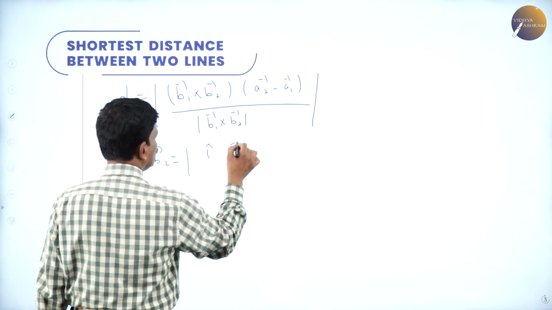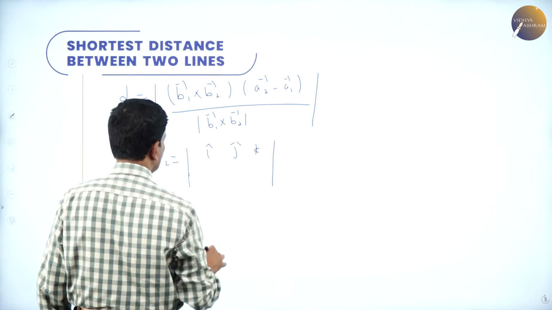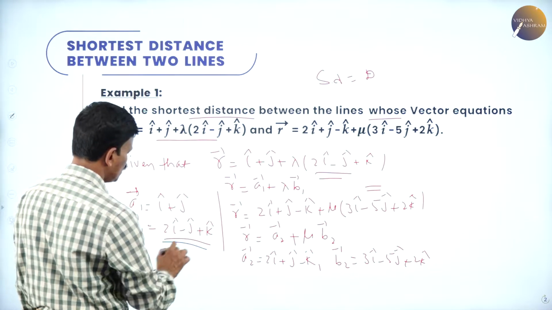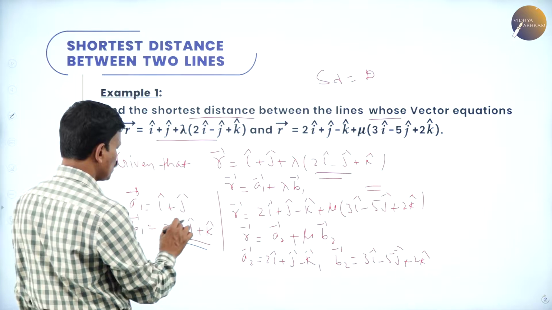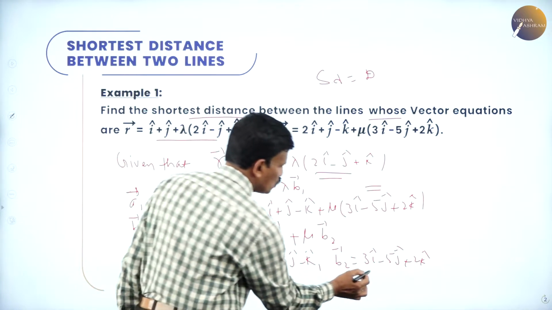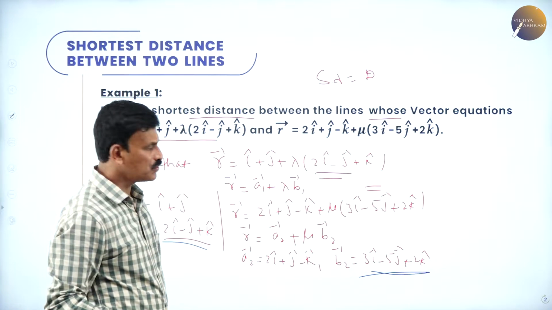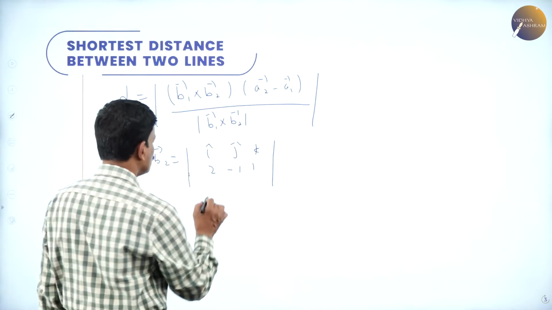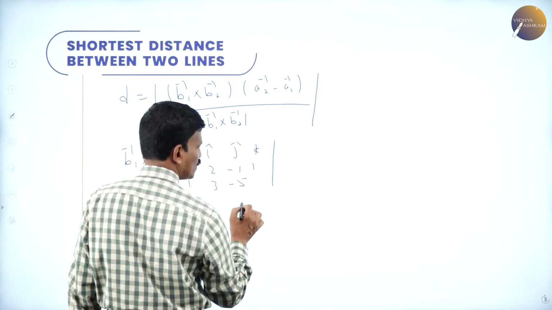This is the determinant with i, j and k. Write down the coefficients of b1: b1 is 2i minus j plus k, so 2, minus 1, 1. Vector b2 is 3i minus 5j plus 2k, so 3, minus 5 and 2.